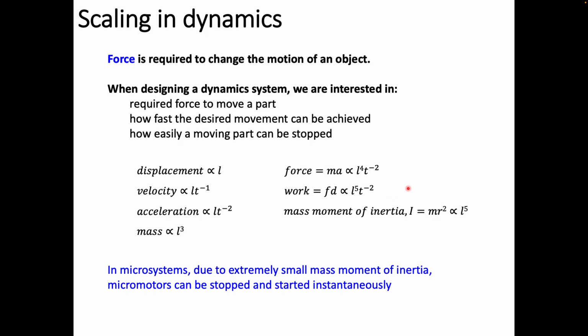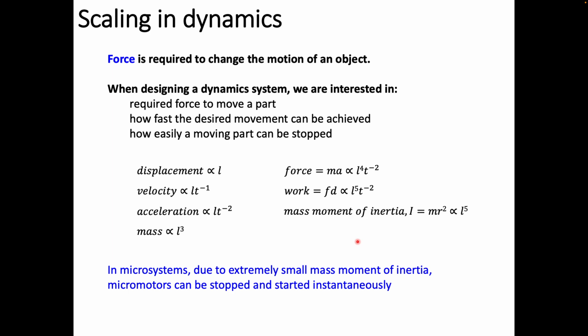The mass moment of inertia is simply m times r squared, which is essentially L to the power of 5, because m is proportional to volume. So if you look particularly at the mass moment of inertia, in microsystems it is extremely small, because as you scale down, it decreases very rapidly, as L to the power of 5.